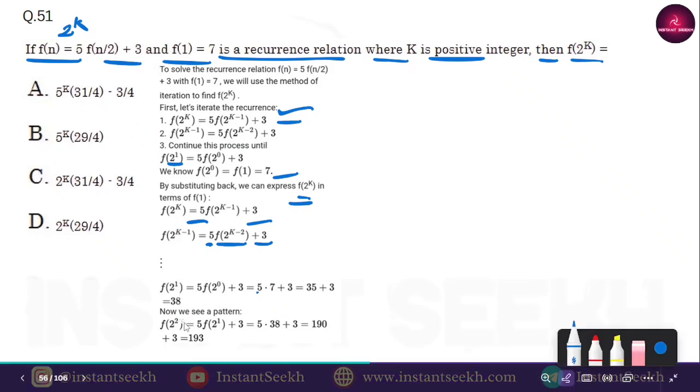Now if we go for f of 2^2, what we are getting is 5 f of 2^1 plus 3. f of 2^1 is 38, so 5 times 38 plus 3 gives us 193.